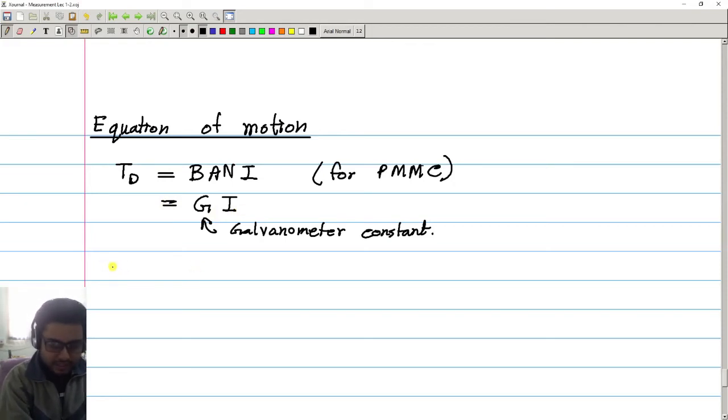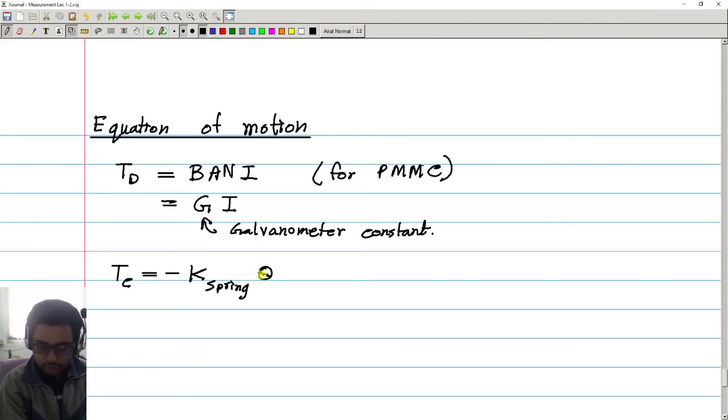Next, controlling torque, that we know is proportional to theta, and we will write K spring times theta. But to be more precise, I will write it with a minus sign. This implies that this torque acts in the direction opposite to the direction of deflection.